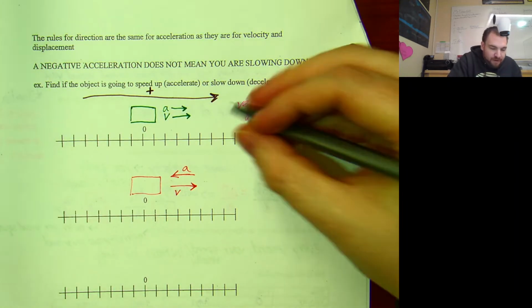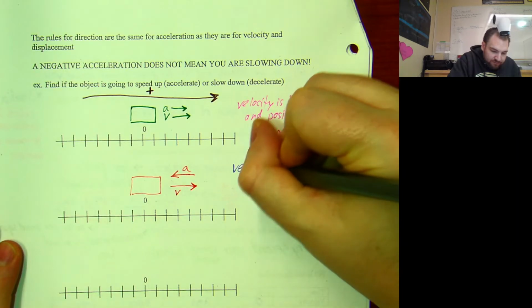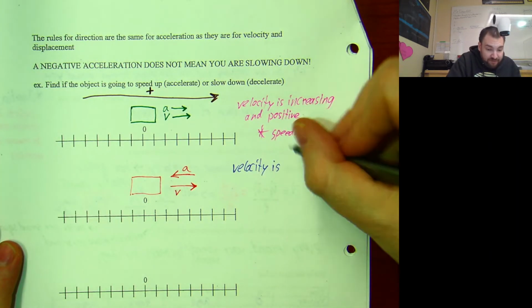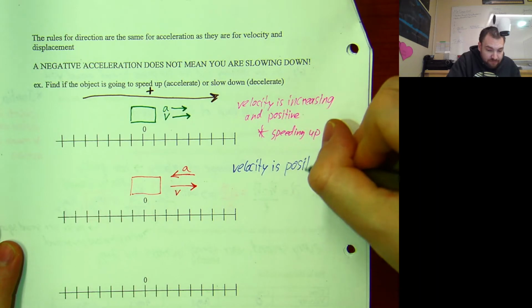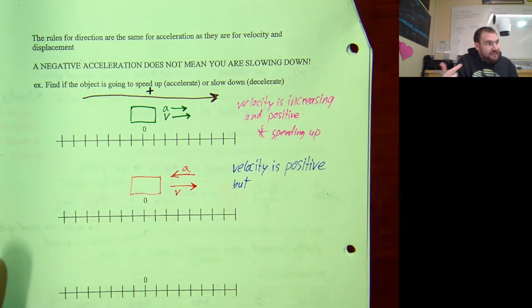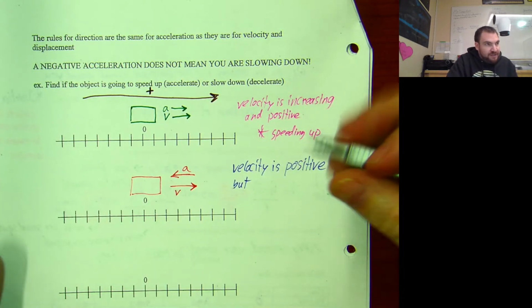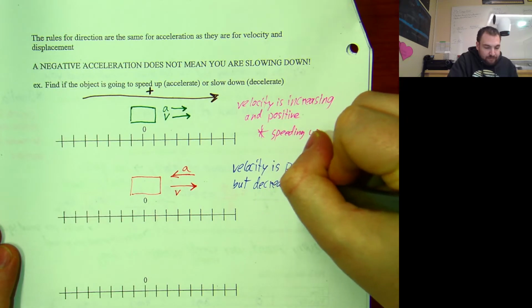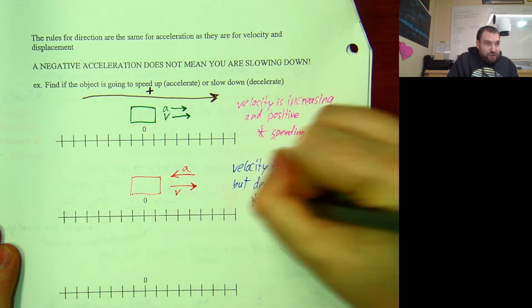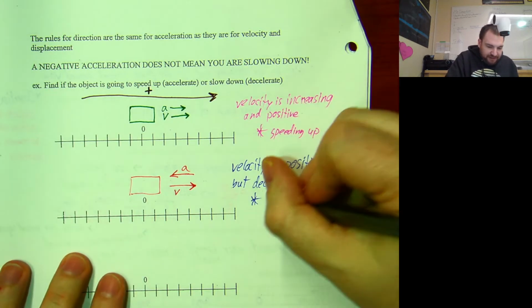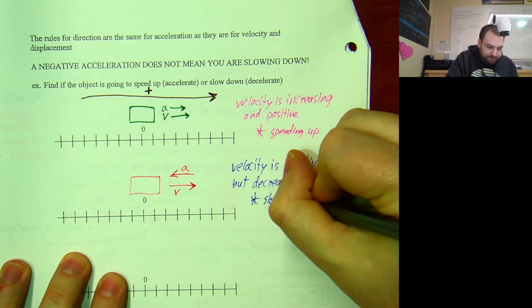Okay, so velocity is still positive, but because my acceleration is backwards, that means my velocity must be decreasing. So as Manuel already said, in common vernacular, we would say that this thing is slowing down.